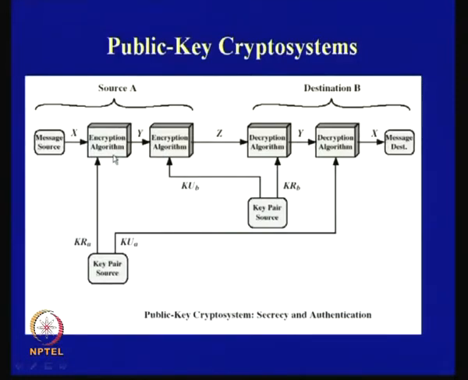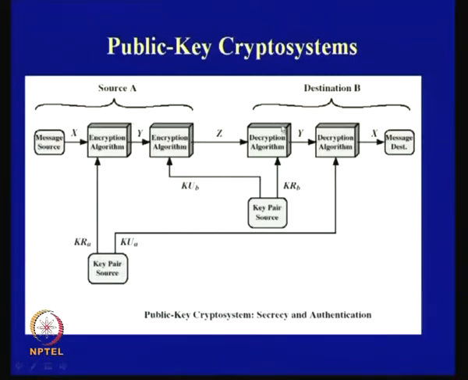When you are using it for encryption, you choose the public key, because you have to encrypt the data and send it to the receiver. But for authentication you do just the opposite, that is, you choose the private key for sending.